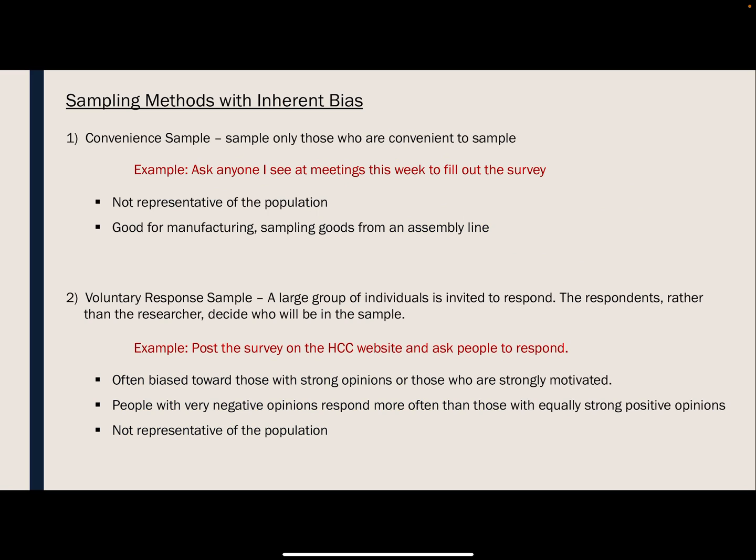Whereas with the convenience sample and the voluntary response sample, we're not targeting any specific individuals. We're just throwing it out there and seeing if anybody will respond. And that's the difference. The difference is in how the researcher is choosing who is being part of the sample. But in the end, everybody always has free will on whether or not they actually want to respond to a survey.